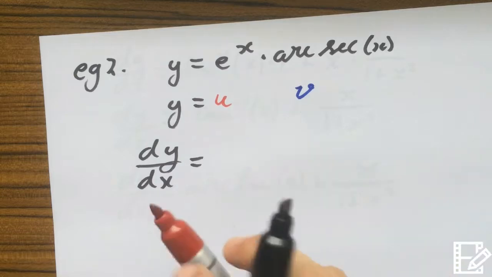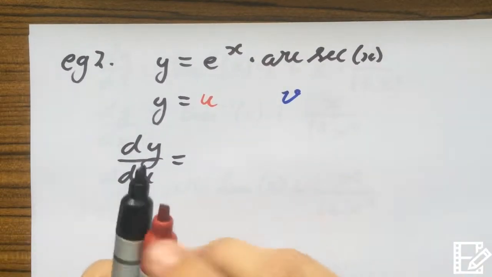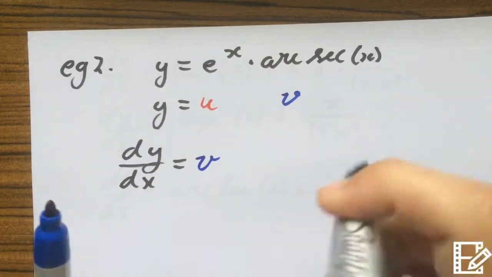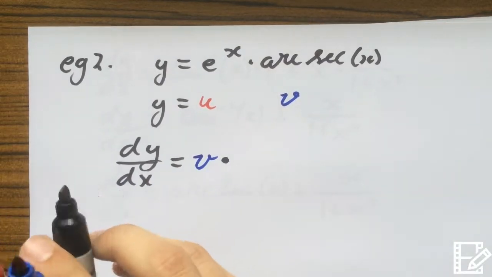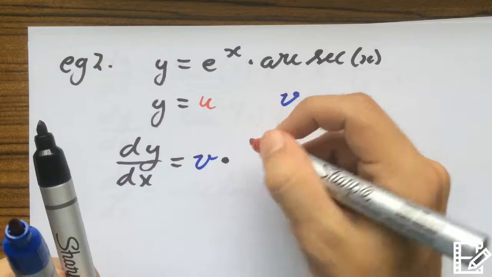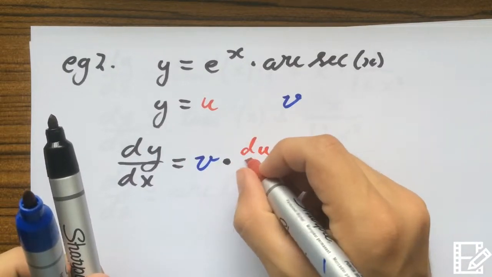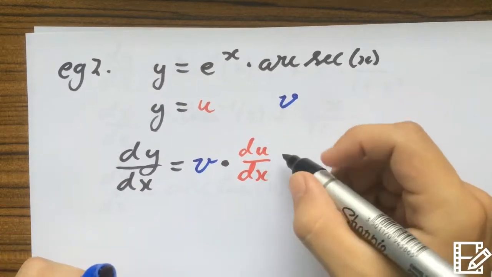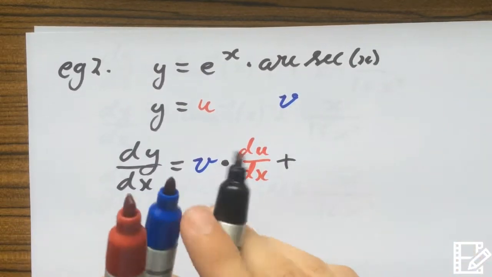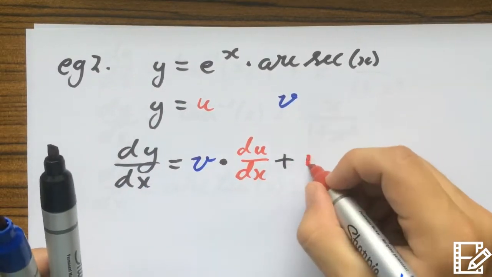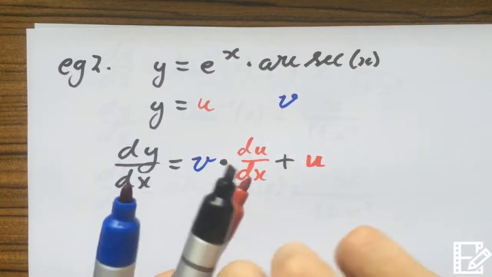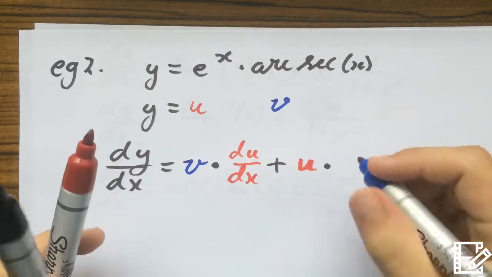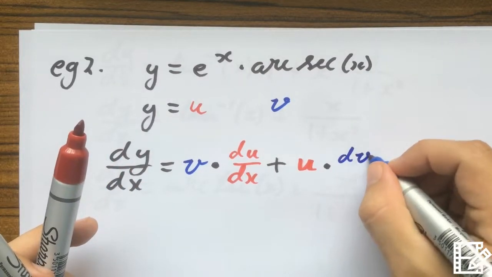So it's going to be v multiplied by the derivative of u plus u multiplied by the derivative of v.